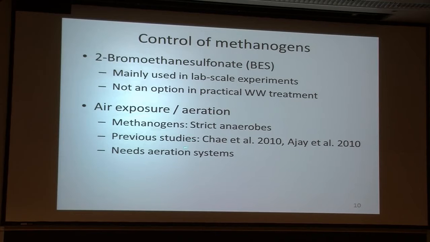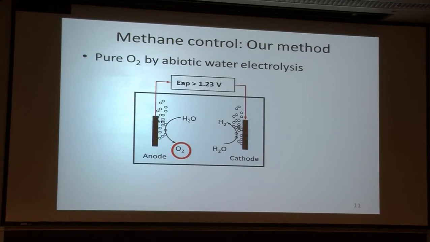In previous studies, they used air exposure and aeration, but in this case, you need an aeration system. So in our study, we developed an in situ pure oxygen generation system using abiotic water electrolysis: by applying a voltage greater than 1.23 volts, we can induce oxygen generation at the anode.